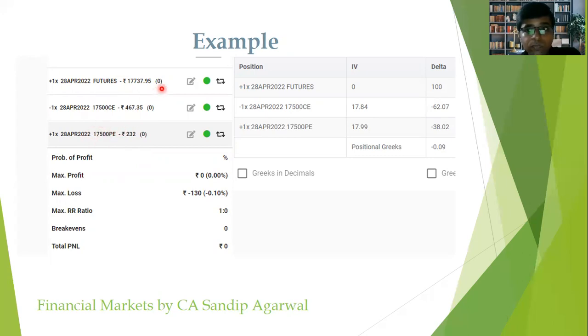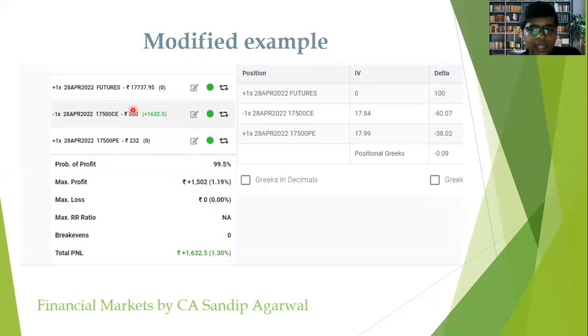Now you see, the Nifty futures currently is trading at 70,737.95, which is around 237.95 higher than the 70,500 strike price. So you can also see that the excess of Nifty futures over the 70,500 strike price is equal to the difference between the premium of the 70,500 call option and the 70,500 put option.